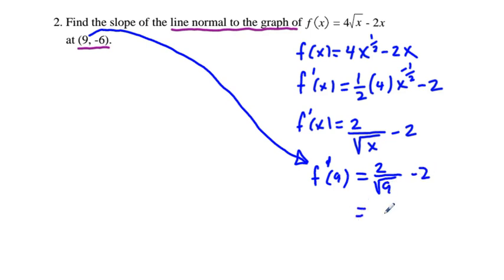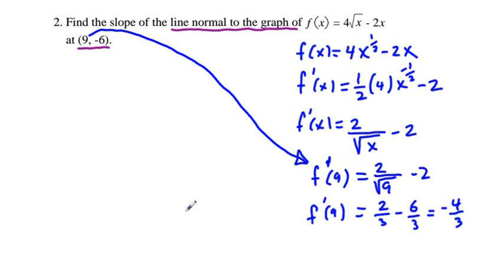And that's going to be equal to 2/3 minus 2. And 2 I'm going to rewrite as 6/3. Why am I doing that? To get our common denominator. So f prime of 9 equals 2/3 minus 6/3. So that's going to be negative 4/3.